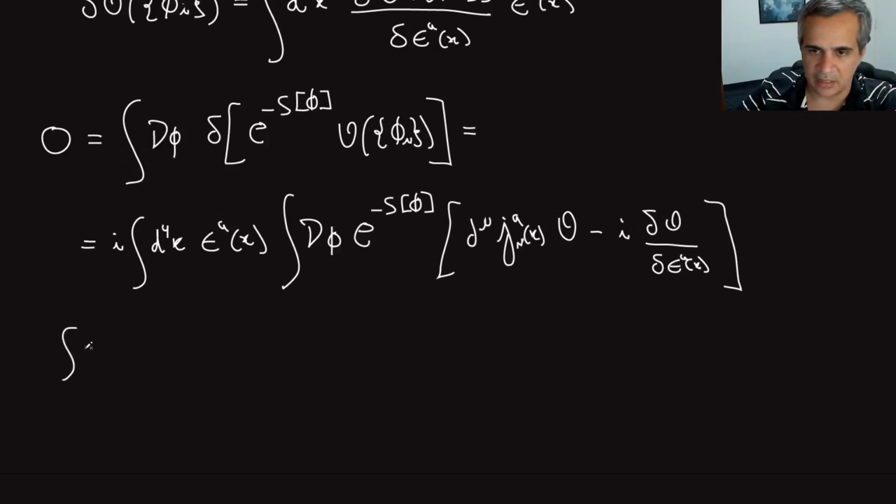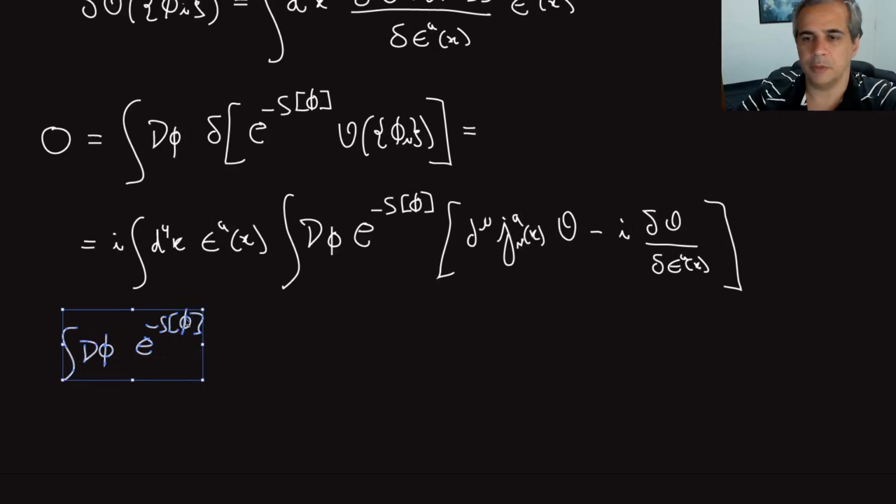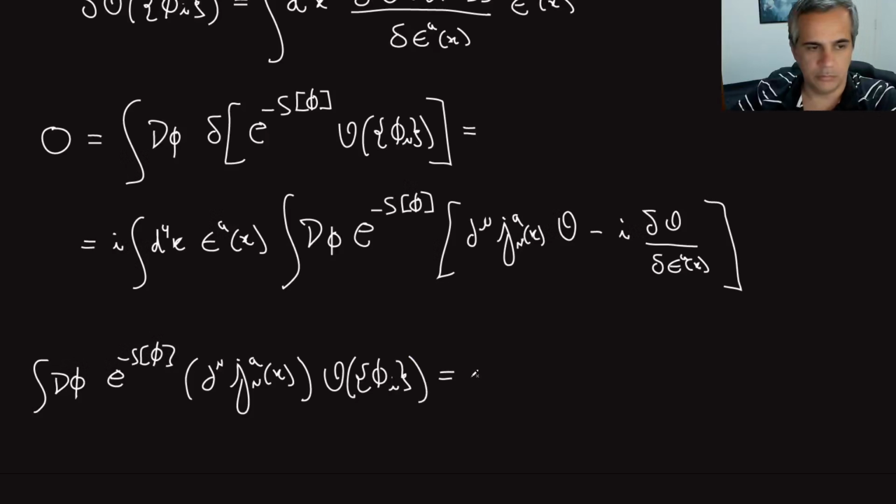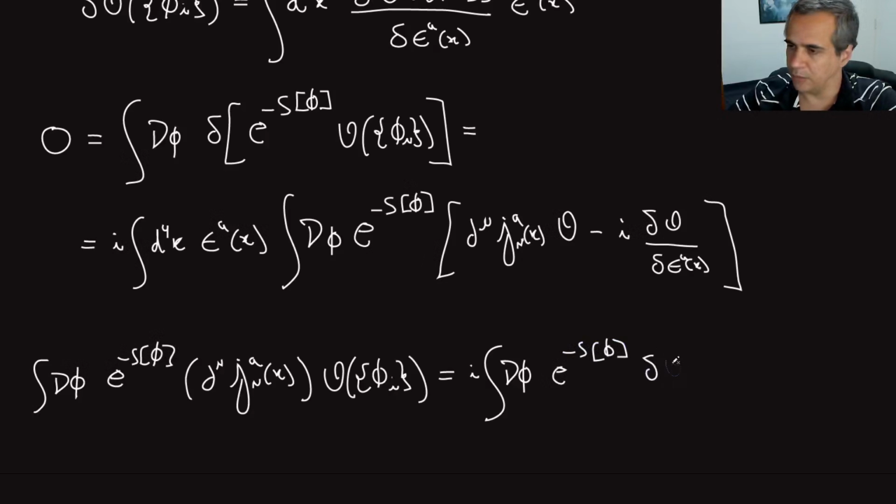This is just saying that this integral of the exponential of S[φ], down here to get more space, ∂_μ j^μ_a(x) times the operator of φ_I, is equal to i times the integral Dφ exponential S[φ] times δ operator of φ_I over δε_a(x).